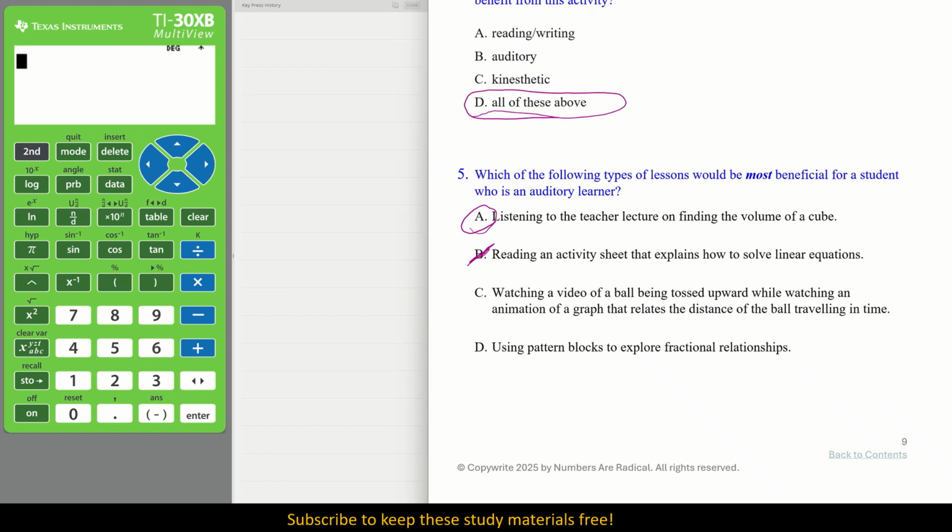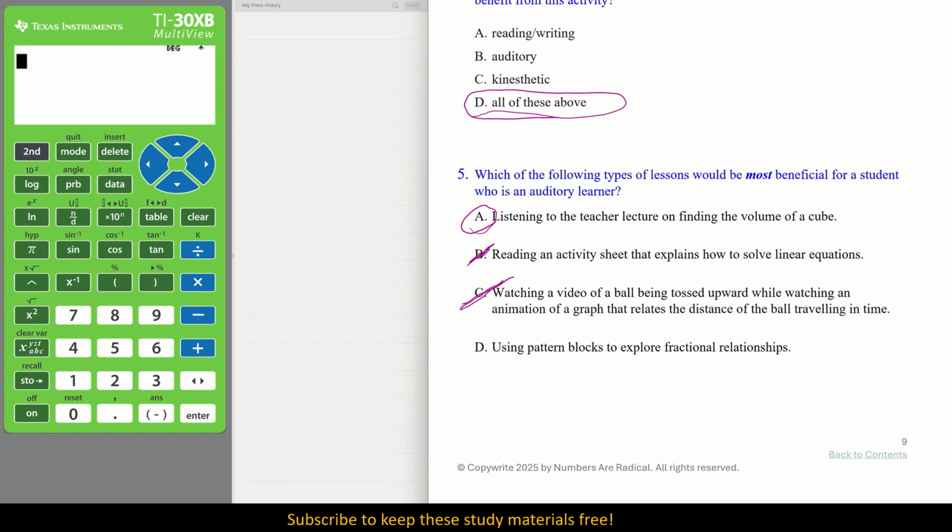Let's see. C, watching a video of a ball being tossed. Okay. Yes, there probably is that auditory element, but the truth is there's more of a visual element here. So it would not be the best benefit for the student.